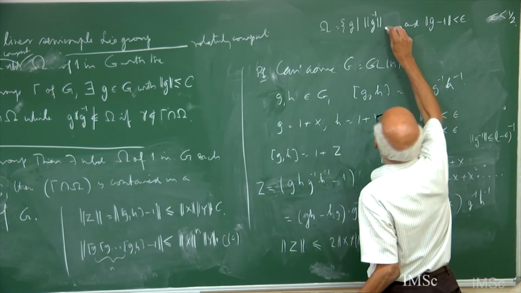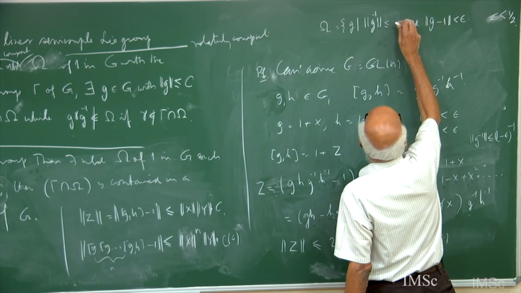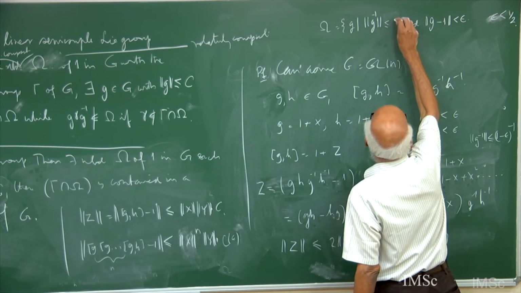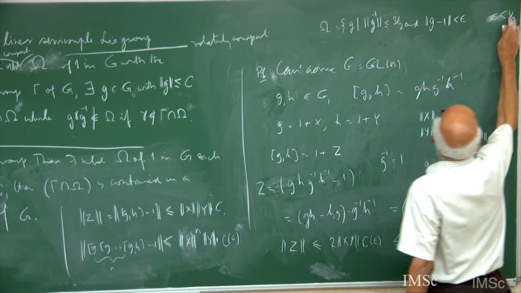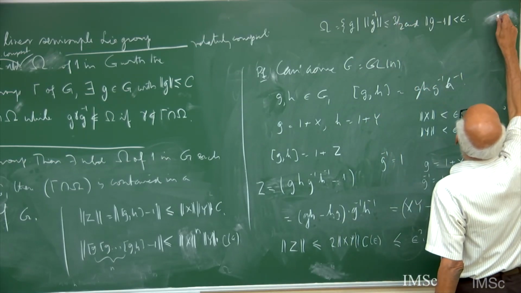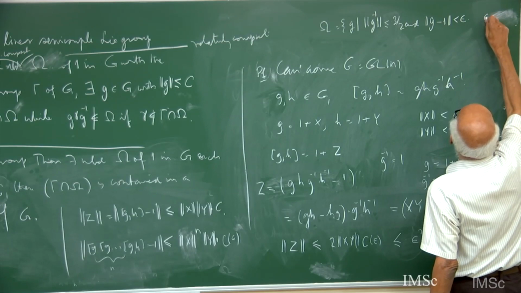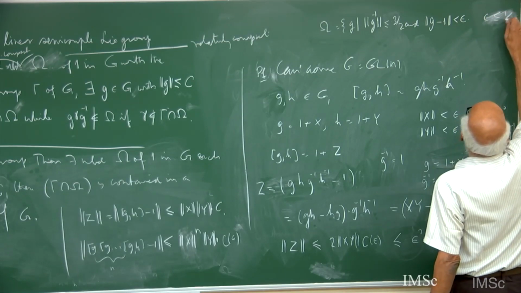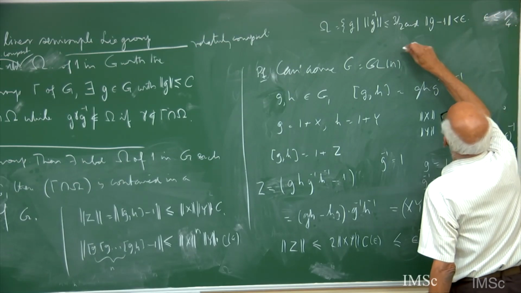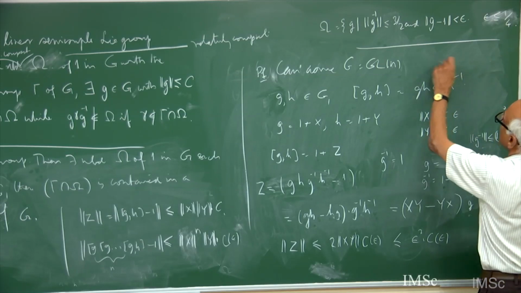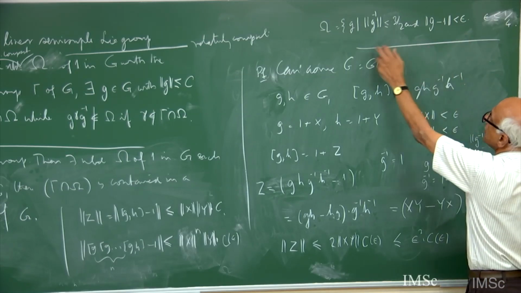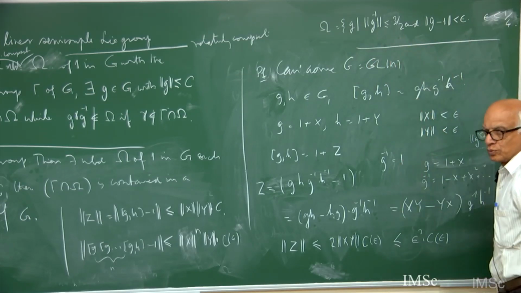Let me put norm G less than or equal to, say, 1 plus something, 3 by 2. Let me take epsilon to be less than 1/4, and I want norm G minus 1 to be less than epsilon, while norm G inverse is less than 3 by 2.